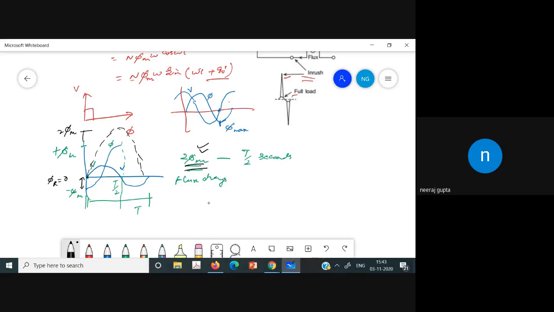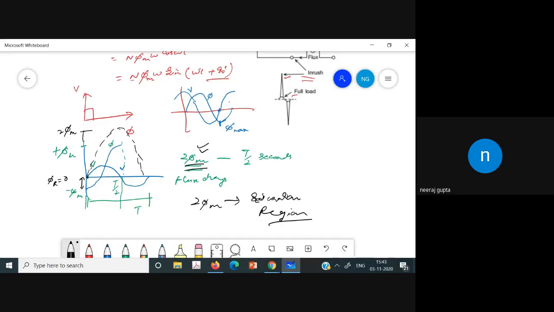Also, one more point: the transformer normally operates near the knee of the saturation curve. A flux demand of 2 phi m drives the transformer deep into the saturation region, because the flux demand is more, and it draws a large magnetizing current.